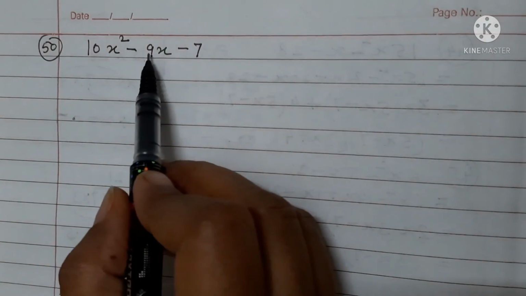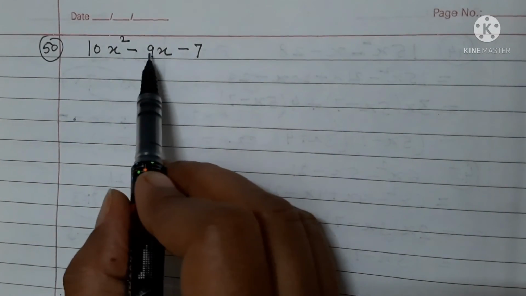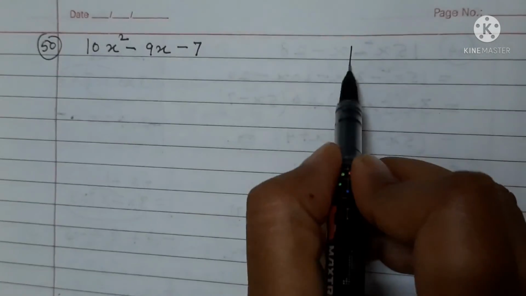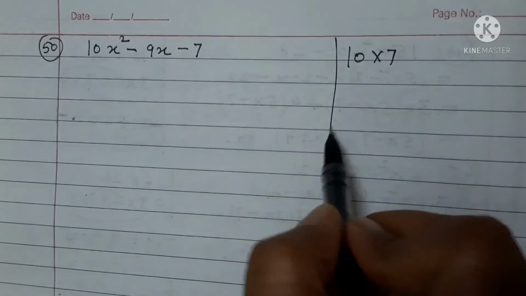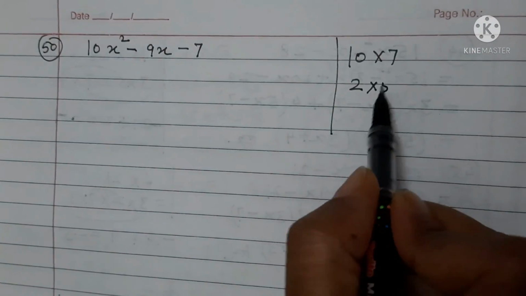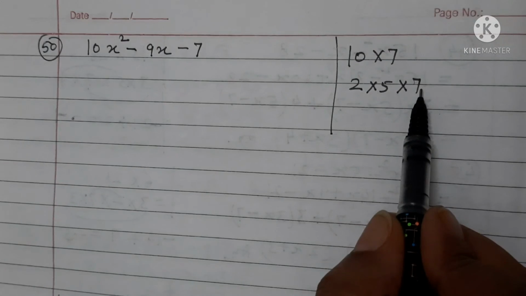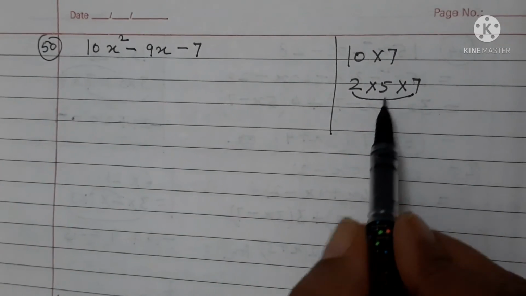Now I split the middle term minus 9 into two parts. So the sum will be minus 9 and the product will be 10 into minus 7. 10 into 7: 2 5s are 10, into 7. 7 2s are 14, and 9 and 5.